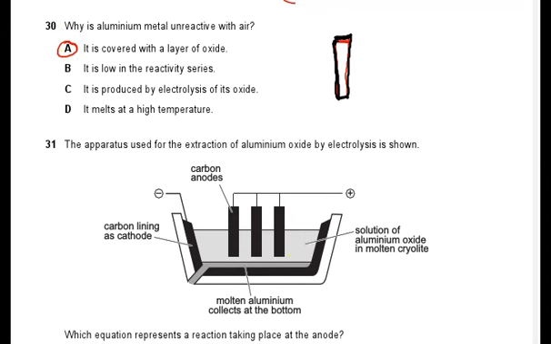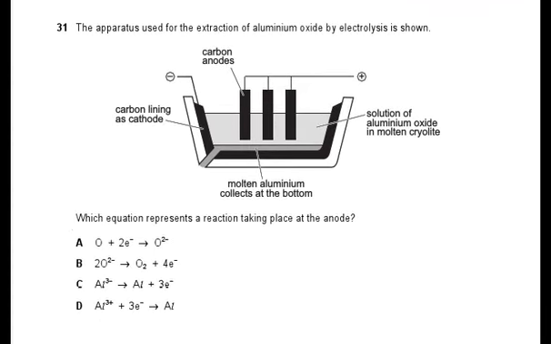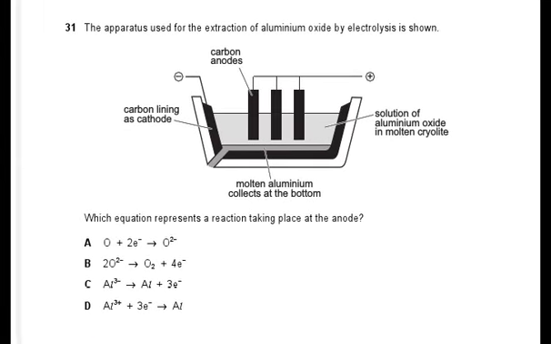Okay, now look at the next one, 31. Okay, for 31, the apparatus used for the extraction of aluminium oxide by electrolysis is shown. Okay, this is the anode and this is the cathode. So the equation represents a reaction taking place at the anode. So the anode here will be more positive.